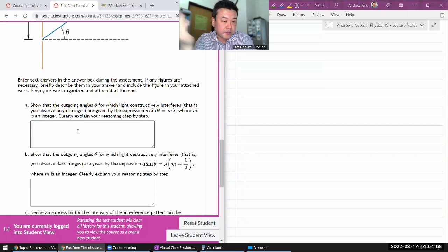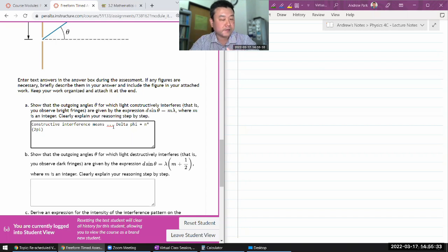So a model answer for this part A would be something like, okay, the constructive interference conditions are given by that. Thinking back to the lecture, the test student who has seen the lectures will remember that constructive interference means the phase difference, delta phi, is equal to some integer multiple of 2 pi.